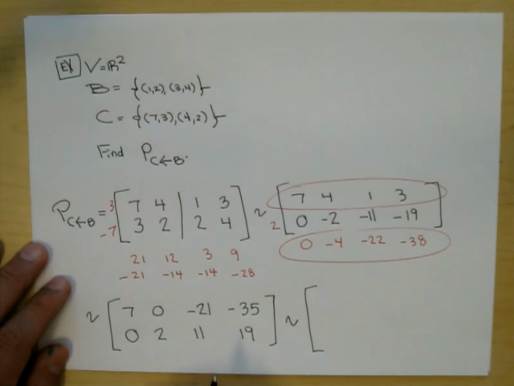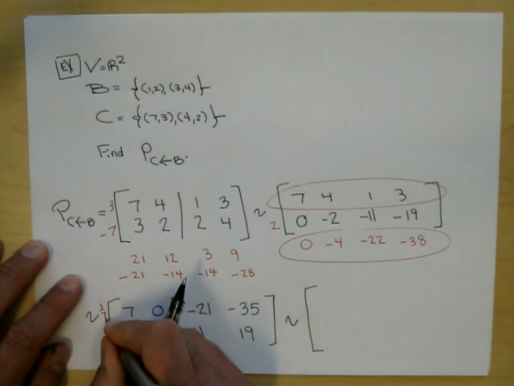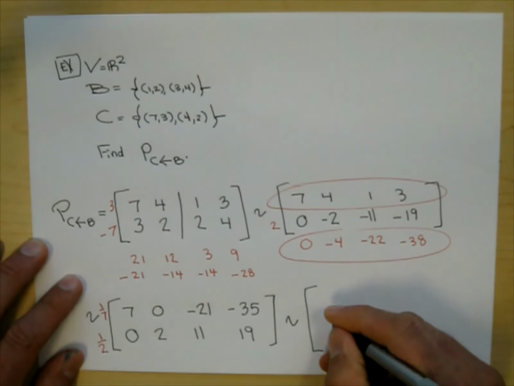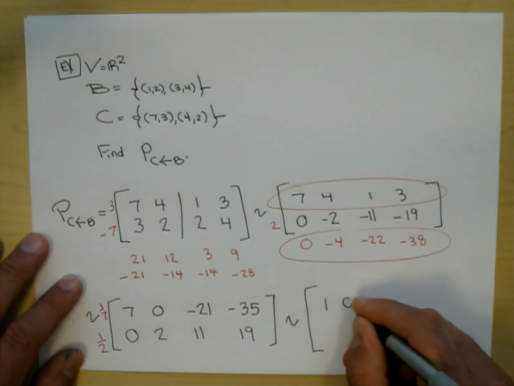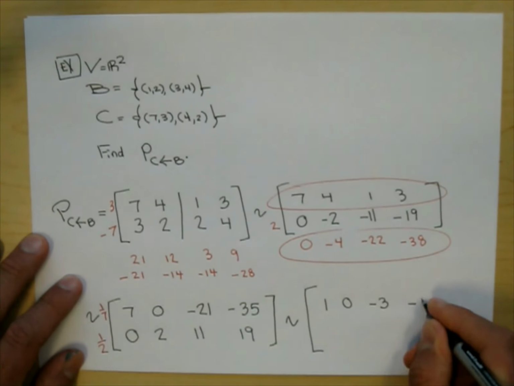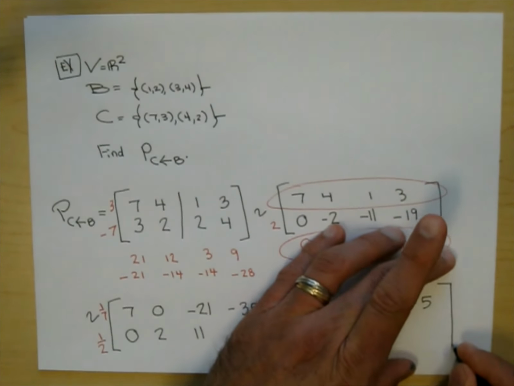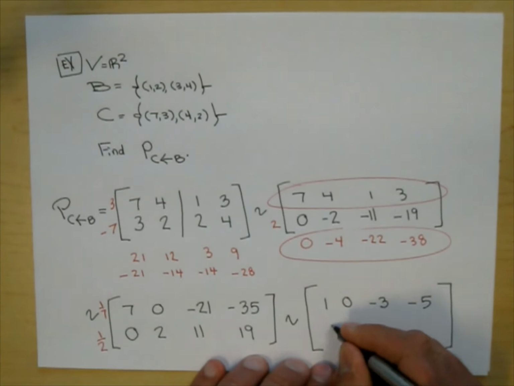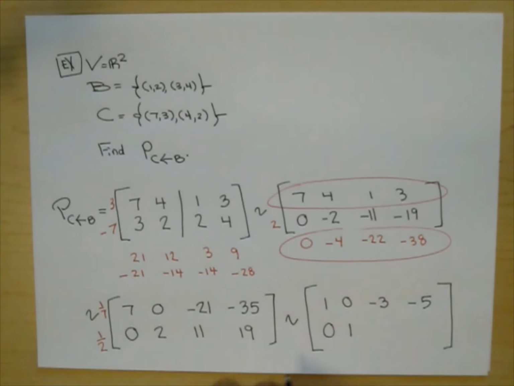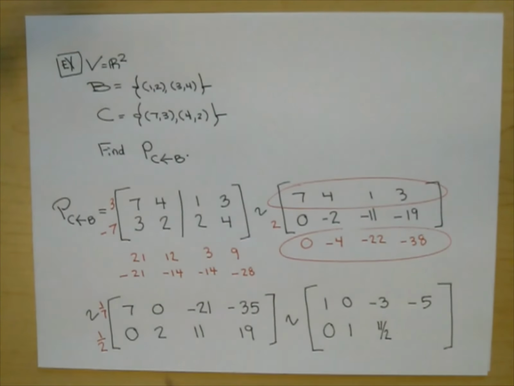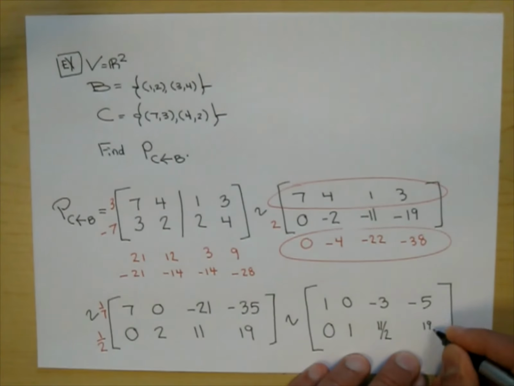So I'll multiply row 1 by 1/7 and multiply row 2 by 1/2. So I end up for row 1 getting a 1, 0, -3, -5, and for row 2 I'll end up getting 0, 1, 11 over 2, and 19 over 2.